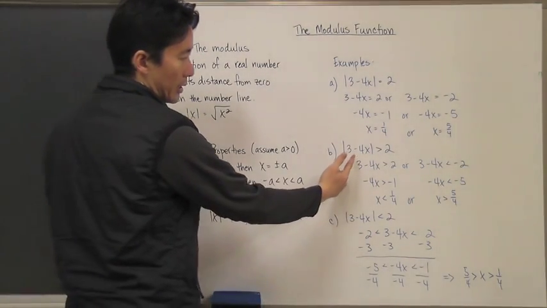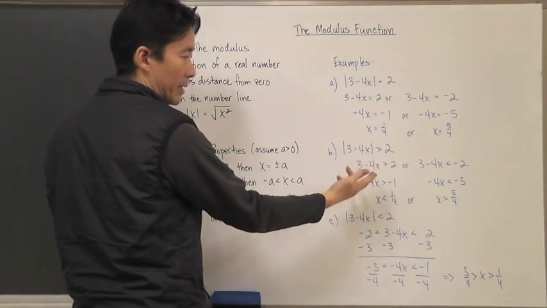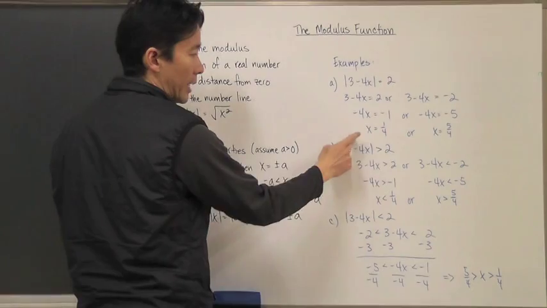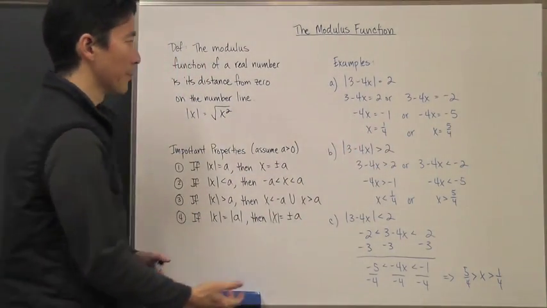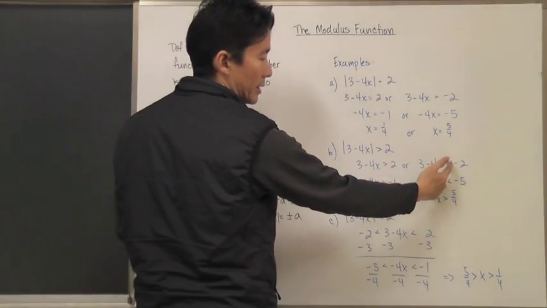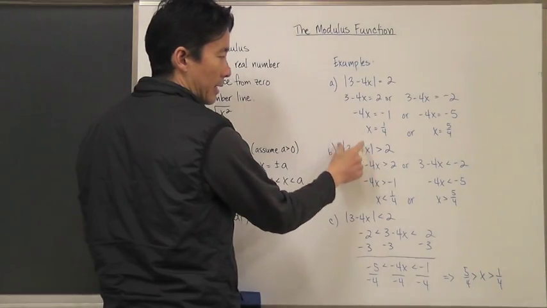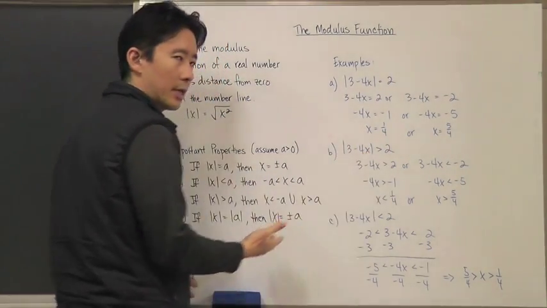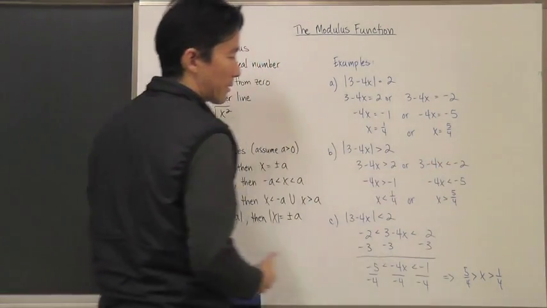So this part is going to be greater than 2, because if this is greater than 2, then anything I put in here, the absolute value will also be greater than 2. And likewise, if this is less than negative 2, then if I take the absolute value, of course that is also going to be greater than 2. So again, that makes sense.